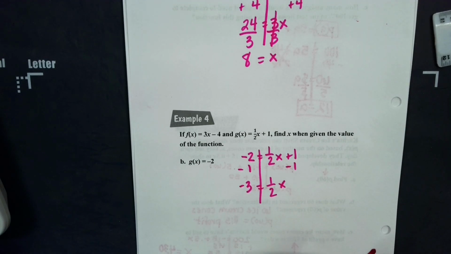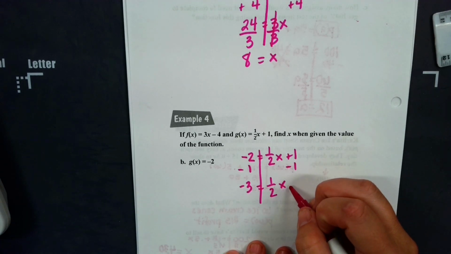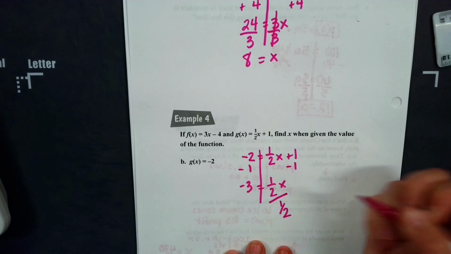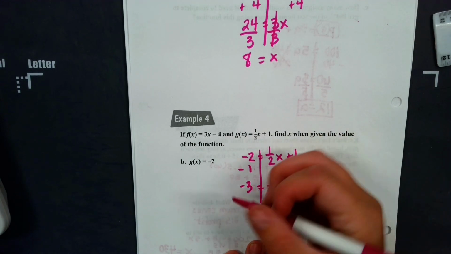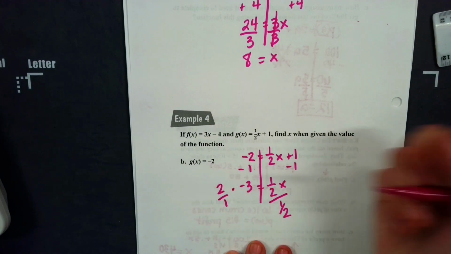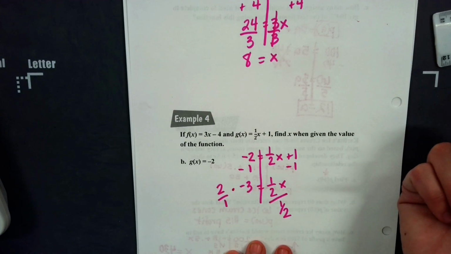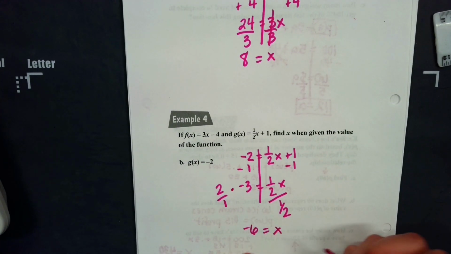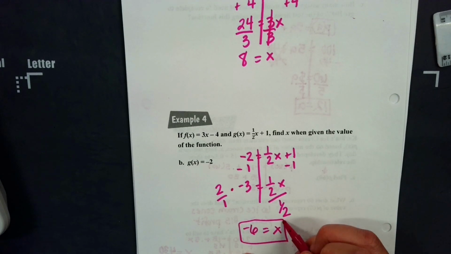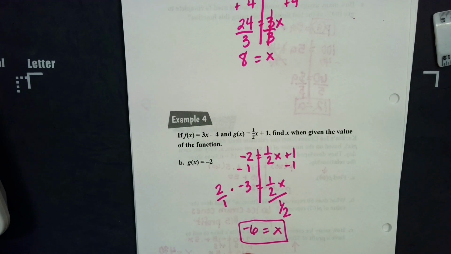Divide by 1/2. We actually never divide fractions though. We turn them into a decimal. Well, you can, but what I was saying, you never divide by a fraction. You flip it and multiply by the reciprocal. So negative x would equal negative 6. Very good. If it's a fraction that you cannot turn into a decimal, you flip it and multiply by the reciprocal. Reciprocal means that you're just flipping the numerator and denominator.